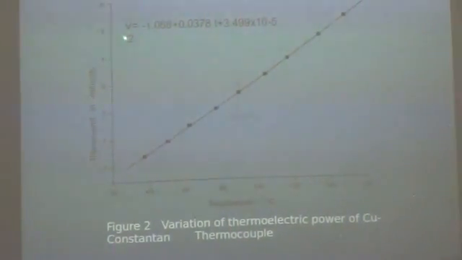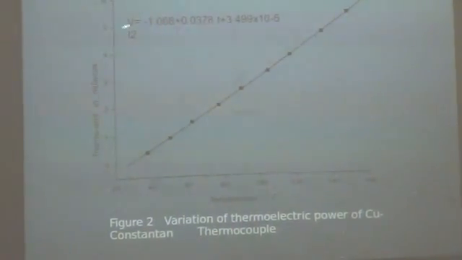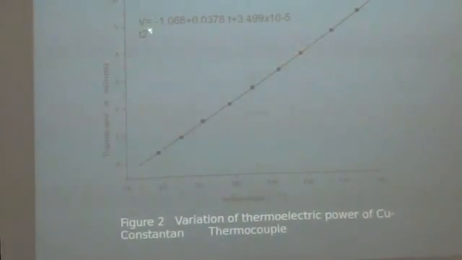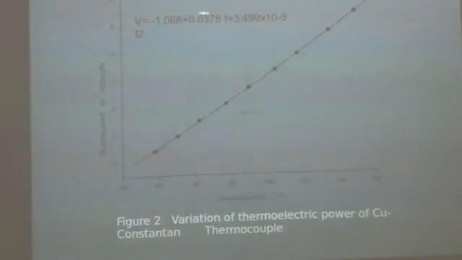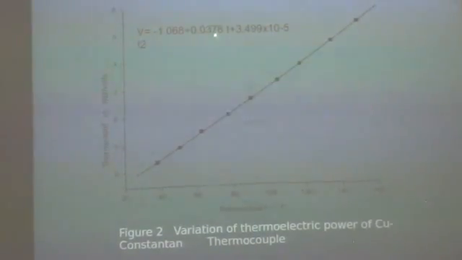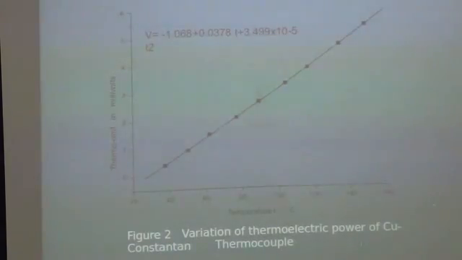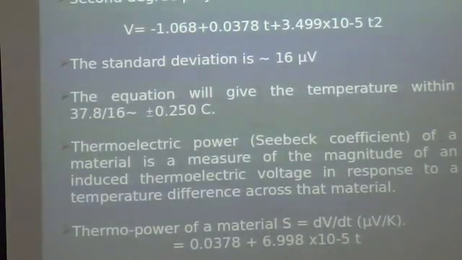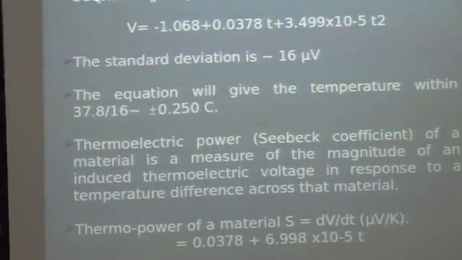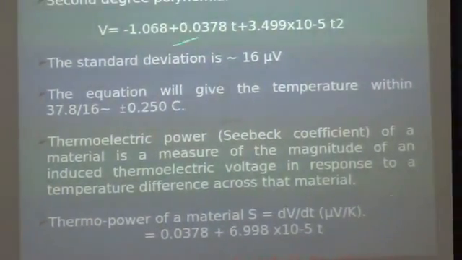Again, if we put the value of T as 1, we can find out from here that if we change the value of T by 1 degree centigrade, the change in thermo EMF is 0.0378 volt. So this is a second degree polynomial fit to the data. So B is equal to this one.